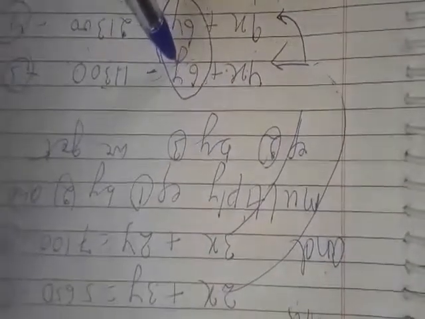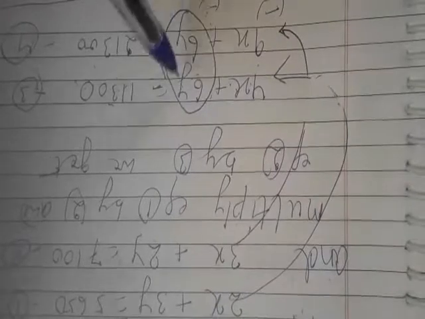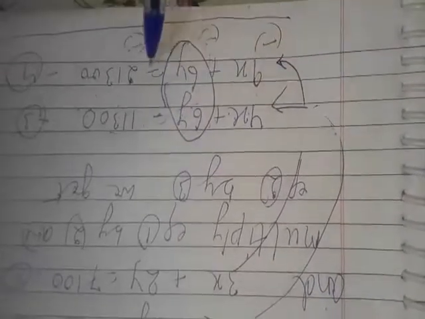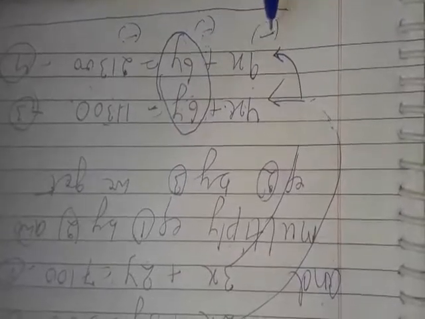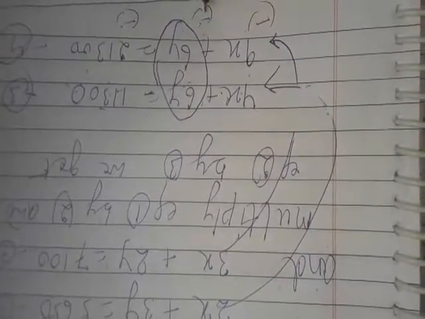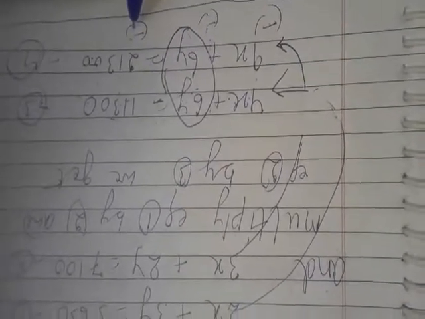Now here we have subtracted these two equations. Then we will change the sign of the lower equation. This 9x will become minus 9x. This plus 6y will become minus 6y. And this plus 21,300 will become minus 21,300.